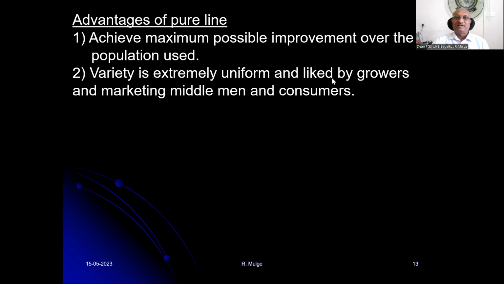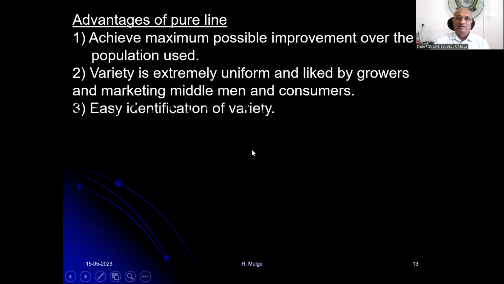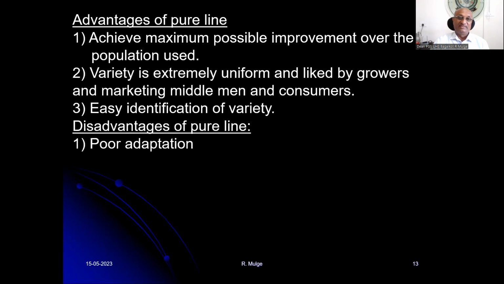Then easy identification of the variety. If the population is there in a cross-pollinated crop, an OP variety, some variation is there. It is difficult to identify whether this variety is the same as what I am proposing or not. Here, the variety is ultimately released, so easy identification of the variety is possible. Then disadvantages of pure line: poor adaptation.